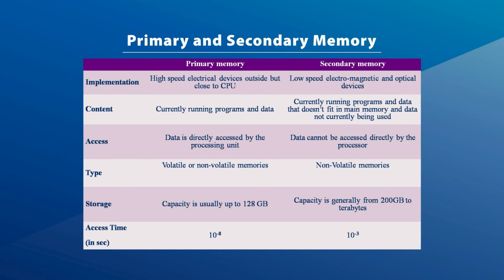And in terms of access time, as I said, the performance of our computer system depends a lot on the size of the RAM. The access time of the primary memory is of the order of 10 to the power minus 8 second, and the access time of the secondary memory is of the order of 10 to the power minus 3.